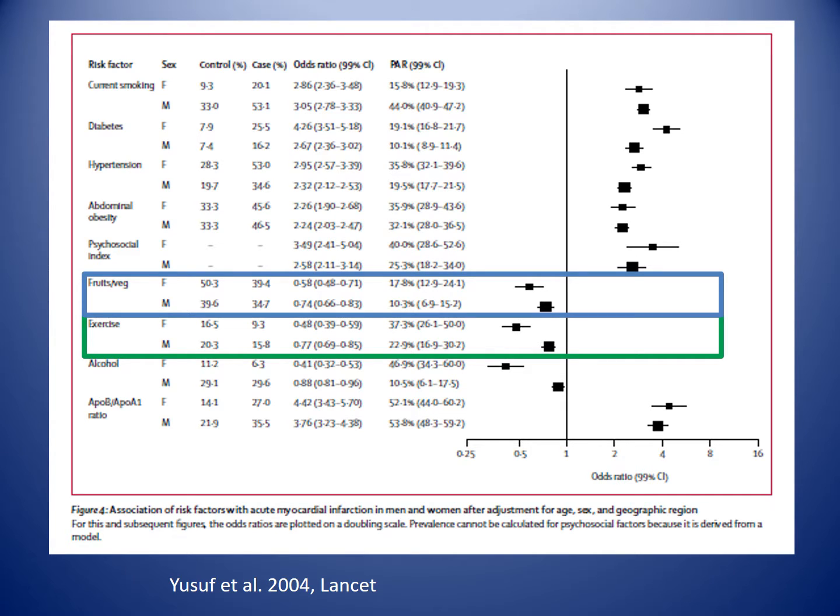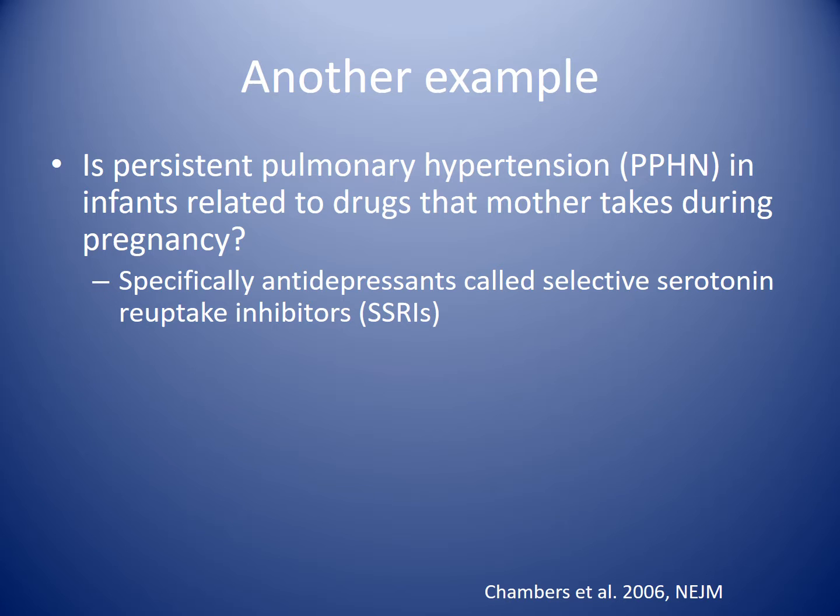Just to look at diet a little bit, you can see a similar trend. Eating a high number of fruits and vegetables greatly reduces the odds of heart attack for both males and females. Here's one more example of a case control study.